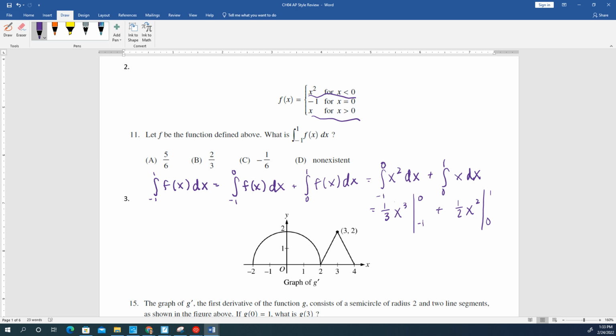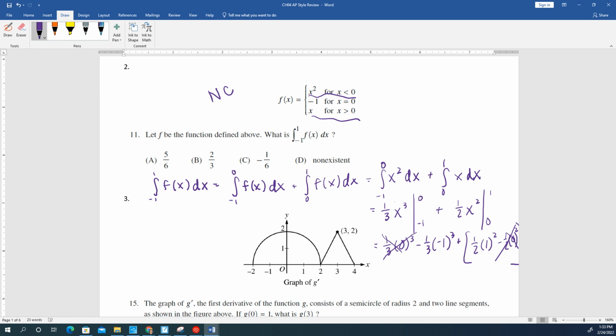Again, this would be a no calculator one. You don't have to be super neat with your work. Here we'd plug in 0 minus when I plug in -1, plus when I plug in 1 minus when I plug in 0. If I were you, any of the 0 ones I just cross off, because those are obviously 0.